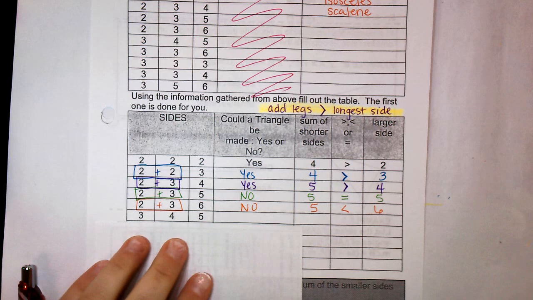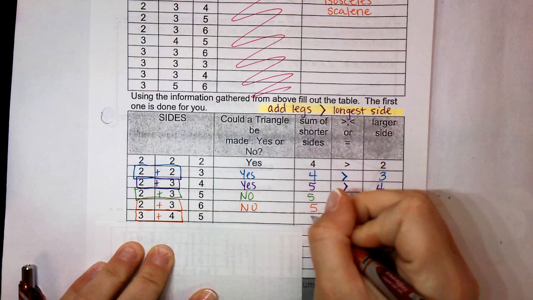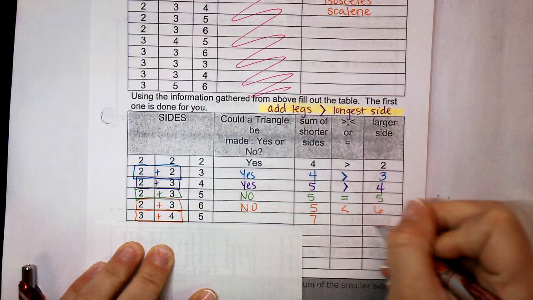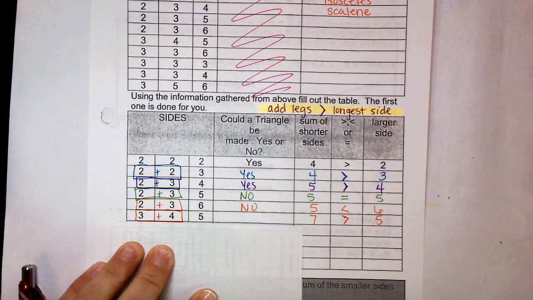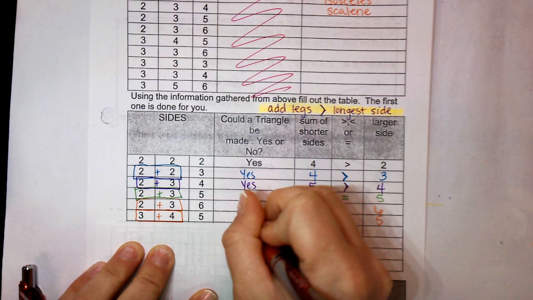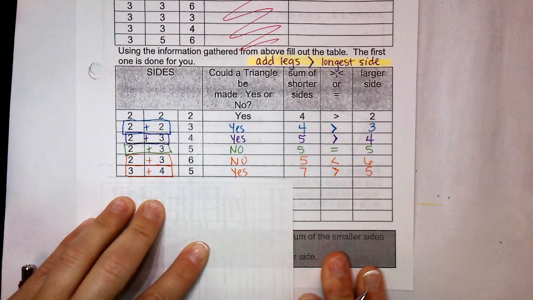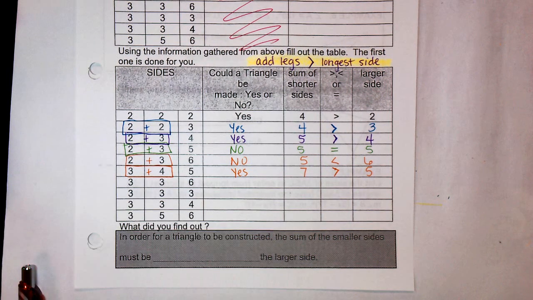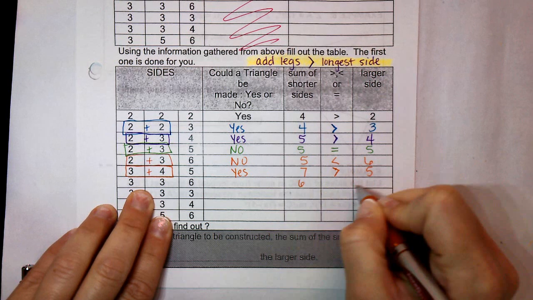Good. So 3 plus 4, and I'm not going to switch colors anymore because it's just good. 7 is greater than 5. So yes, I have a triangle. Then you put no for the next one. Okay, here, let's do this. 3 plus 3 is 6. 6 equals 6.